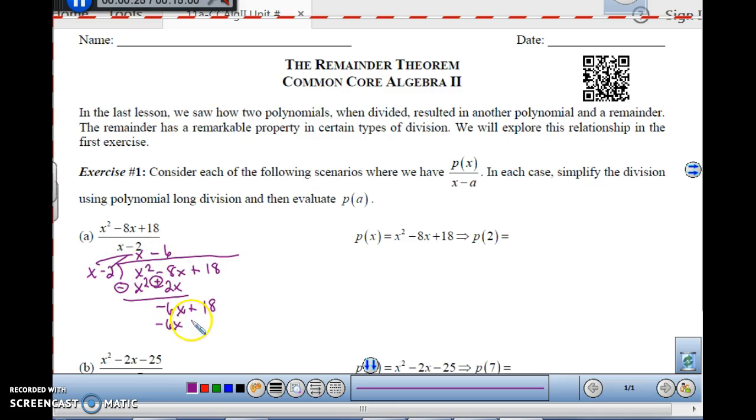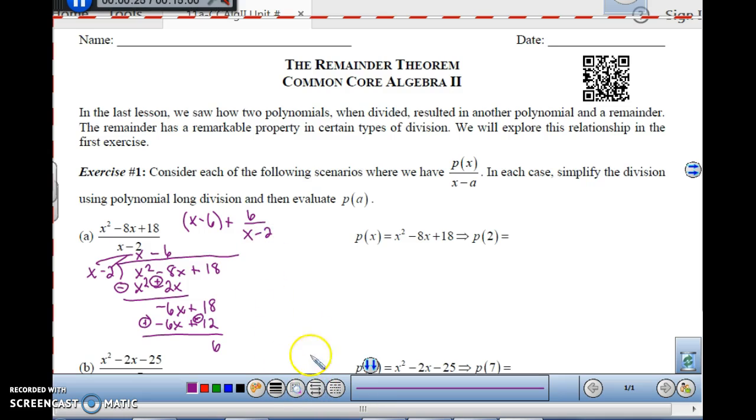Negative times a negative is a positive 12, and then I want to subtract, so I'm going to change my signs. That'd be minus. So 18 minus 12 is going to be 6. So my answer when I divide it is x minus 6 plus 6 over x minus 2.